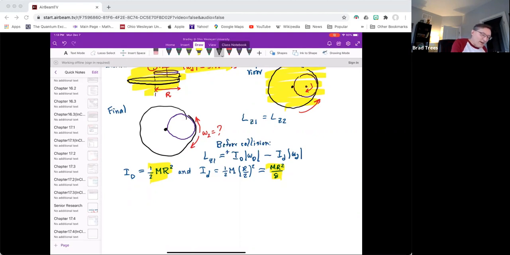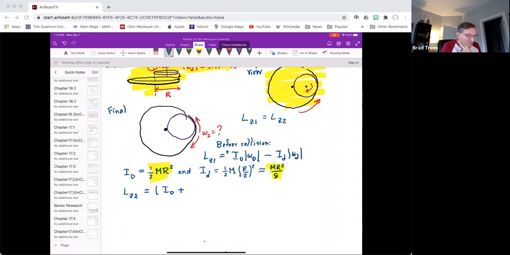Okay, so for LZ2, they both have the same angular velocity, but there will be the angular momentum of the big disk. That's still I big D, same expression, plus the rotational inertia of the little disk.